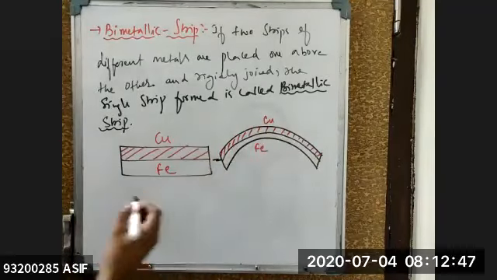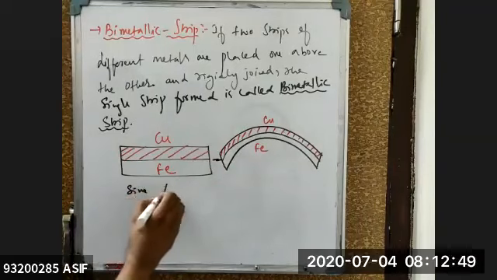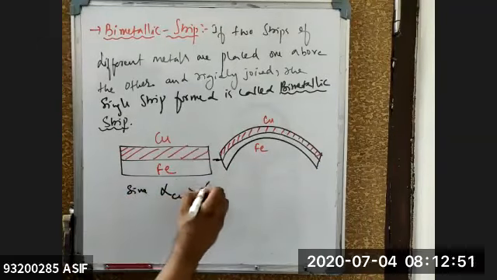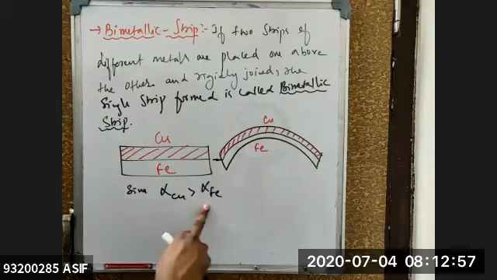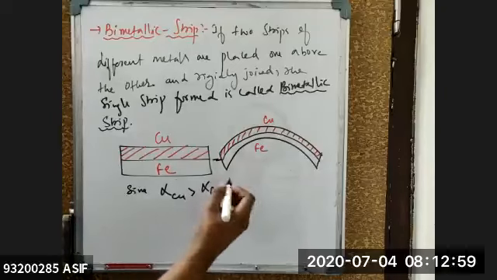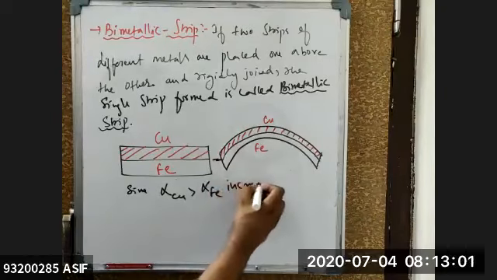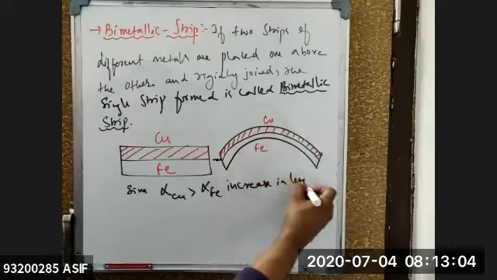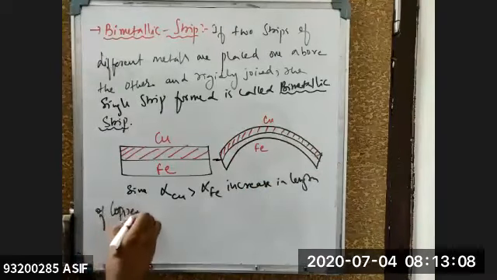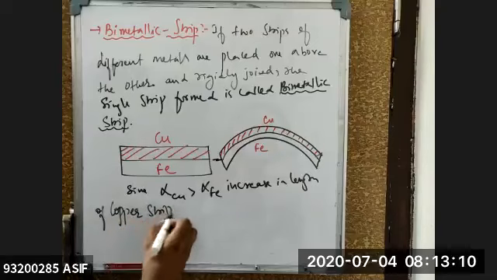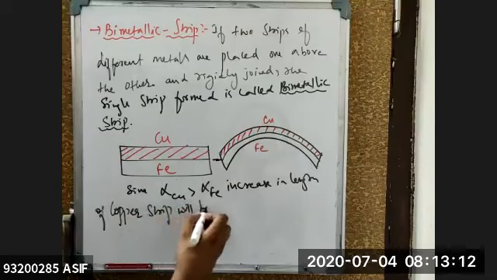So why this shape? Since alpha of copper is greater than alpha of iron, the coefficient of linear expansion of copper is greater than that of iron. So the increase in length of the copper strip will be greater.